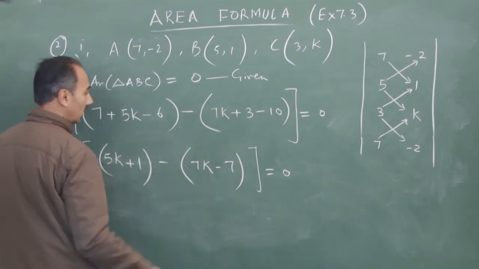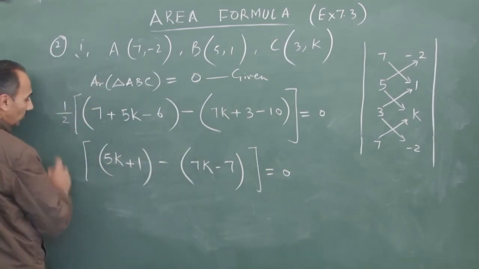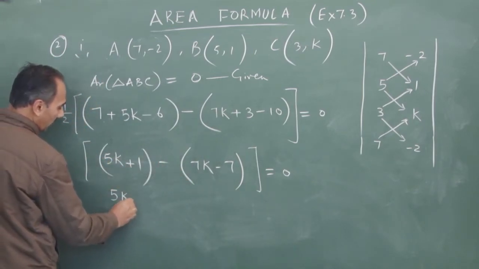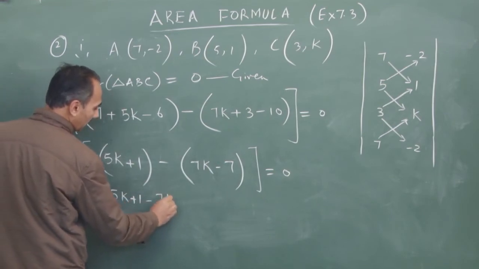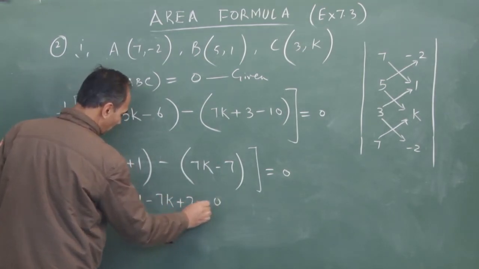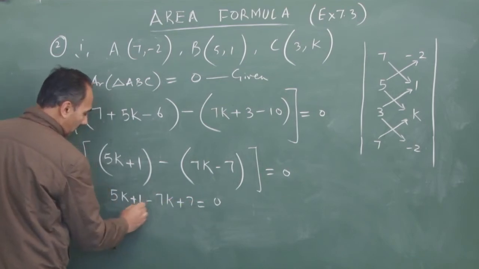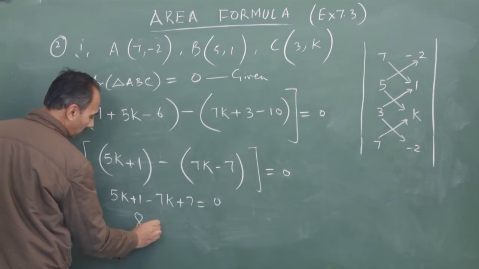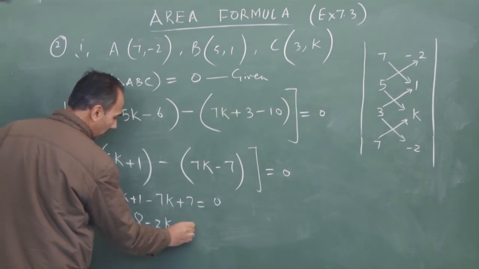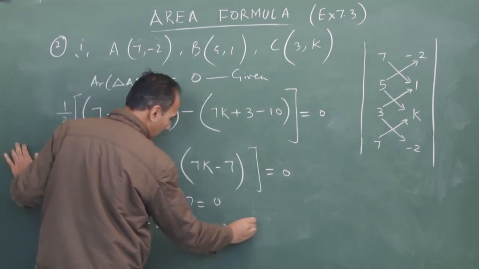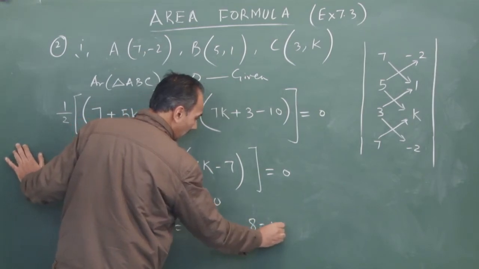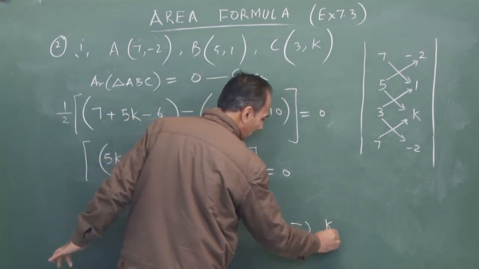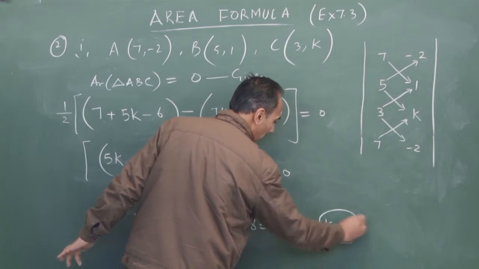Because I multiply both sides by 2, get rid of this 2. Now simplifying, this is 5k plus 1 minus 7k plus 7 equal to 0. So 7 plus 1 makes it 8. 7k and 5k, that would be minus 2k equal to 0. So that gives us 8 equal to 2k, or that means k equal to 4.